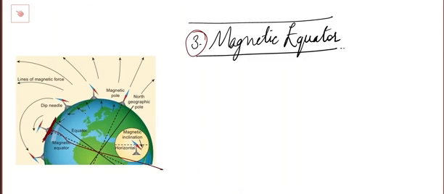If you consider this as the northern pole, here we have the south magnetic property, that is a south pole. In the northern pole we have the south magnetic pole.